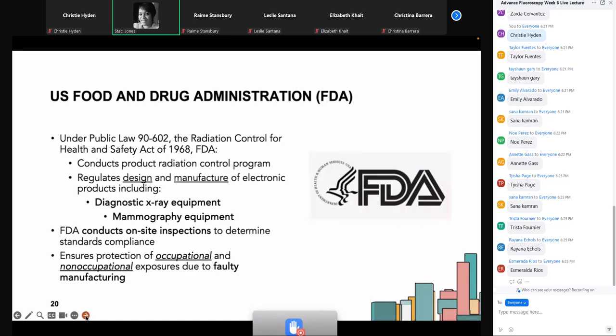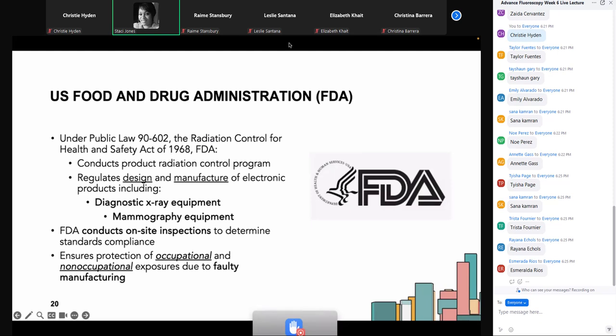Next, the FDA, U.S. Food and Drug Administration. They work more than just food and drugs. They have a large scope of things that they oversee. Working in radiology, one part is mammography. The FDA has a big part in mammography because mammography is heavily regulated because of the type of imaging it is.